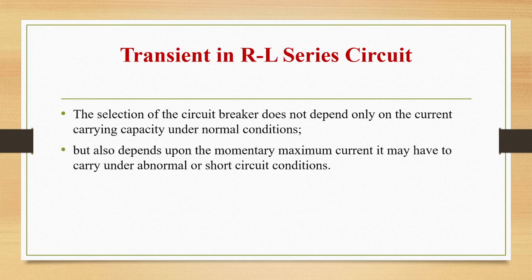Now let us see today's topic, that is transient in RL series circuit. Selection of a circuit breaker does not depend only on the current carrying capacity under normal condition, but it will also depend upon the momentary maximum current it may have to carry under abnormal or short circuit conditions.